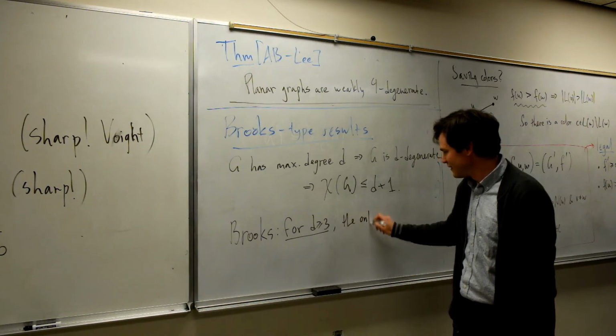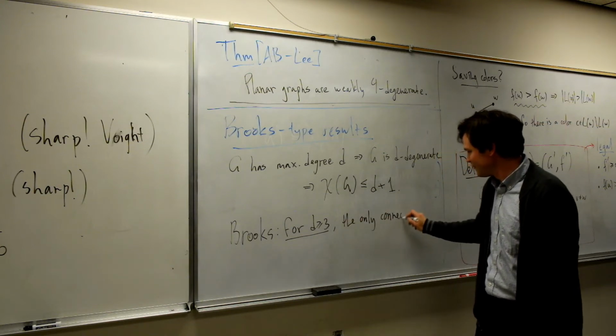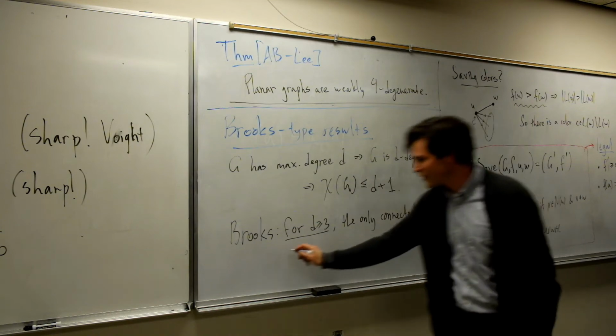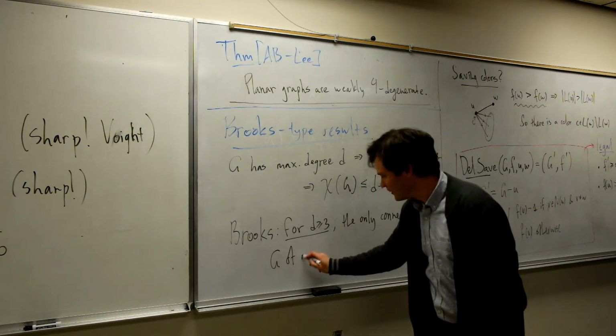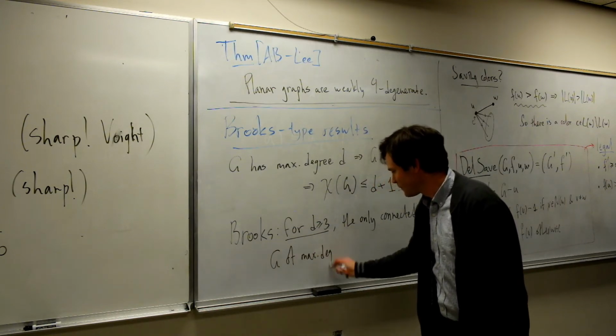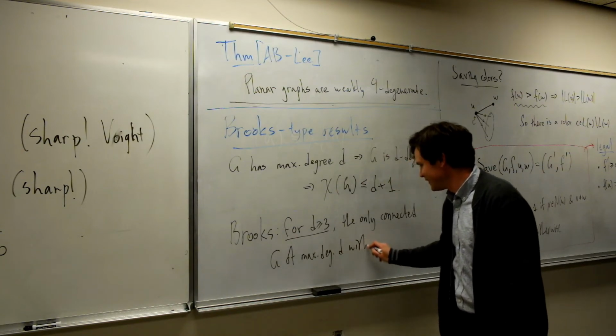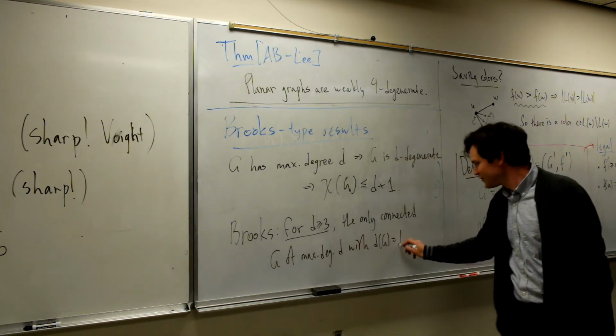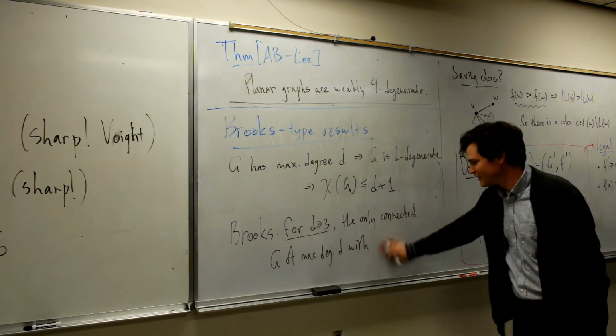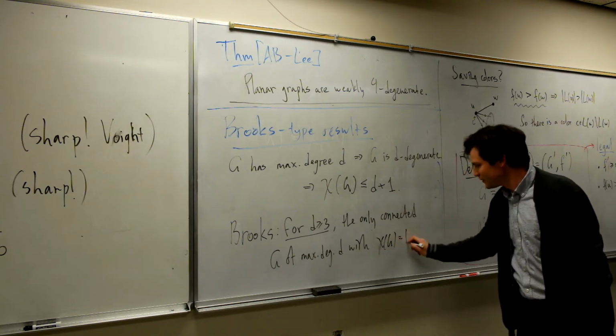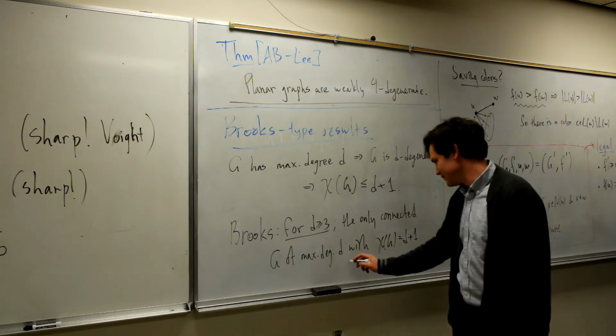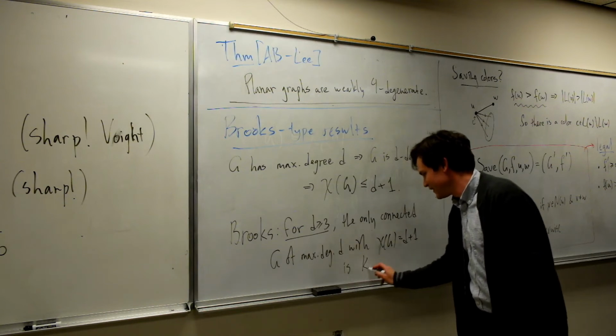the only connected graphs G of maximum degree D with chromatic number equal to D plus 1: the only such graph is the clique on D plus 1 vertices.